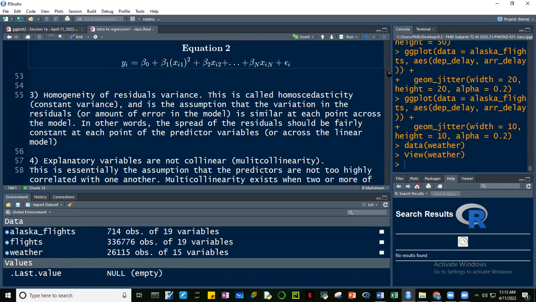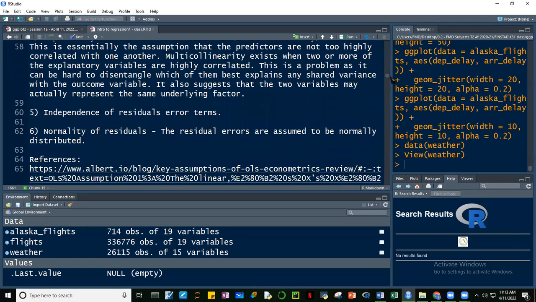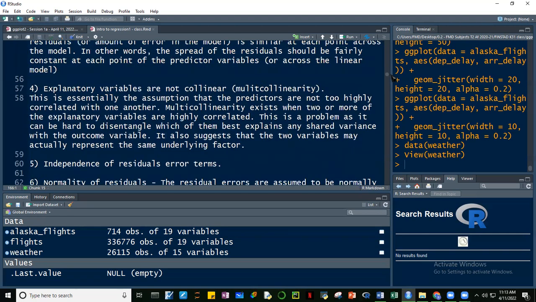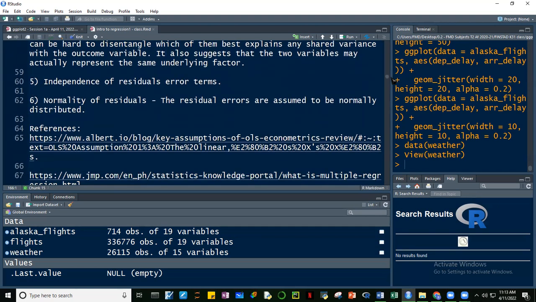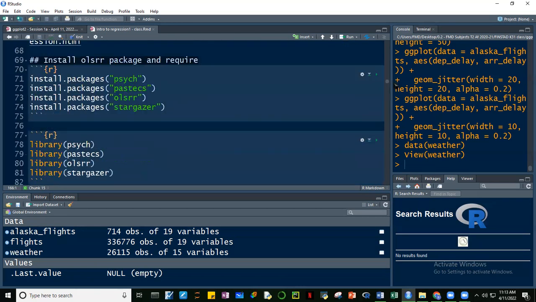It should be constant across the values of your residuals. And then the explanatory variables should not compete with each other in trying to describe your outcome variable. So dapat walang multicollinearity. And the residuals should be independent. And then your residuals should be normally distributed.